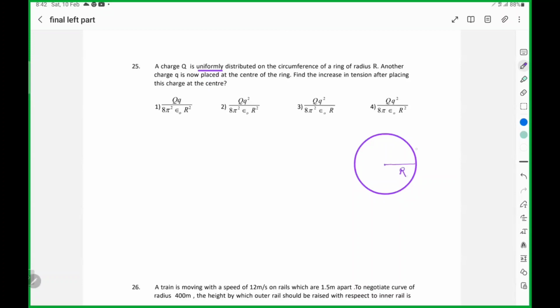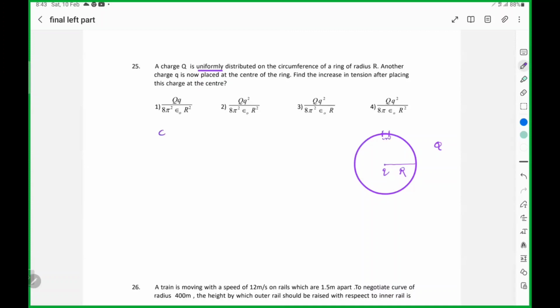Another charge Q is placed at the center. Here the charge is placed on the circumference of a ring. At this point the full charge won't be there. The charge will be equally distributed among the sections of the ring. Suppose you consider this part, what will be the charge?